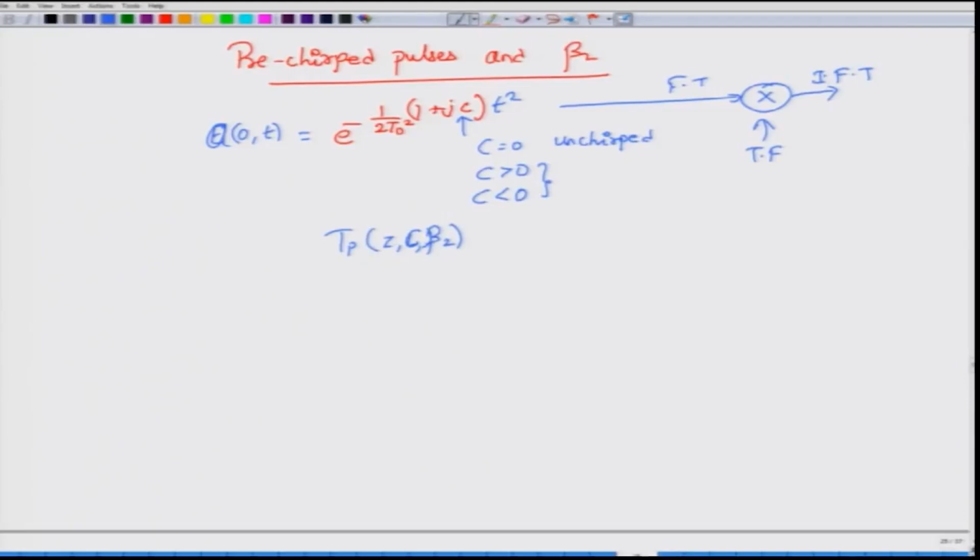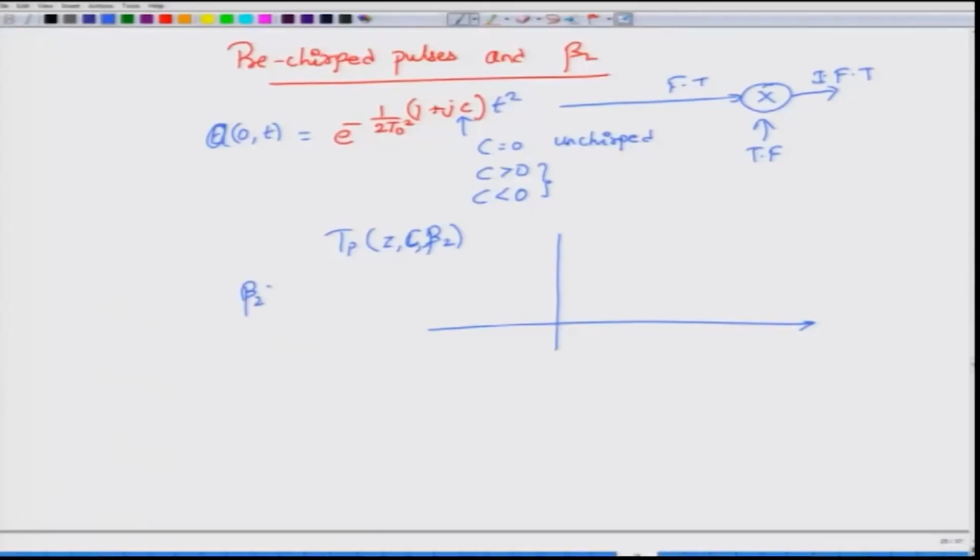So, the longer the propagation, the pulse would normally have become flattened and flattened, or broader and broader, but now there is something very interesting that goes on. First, let us consider the case where beta 2 is greater than 0.